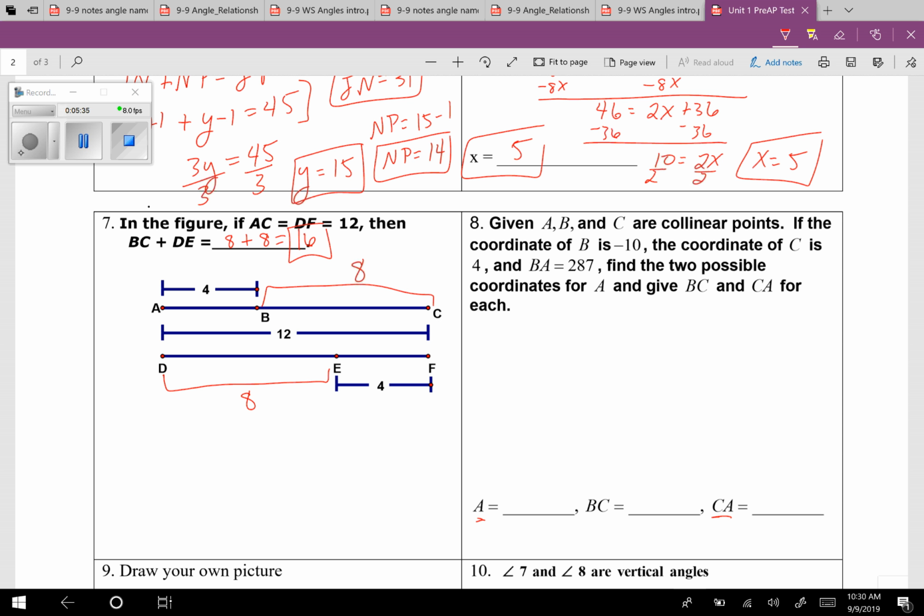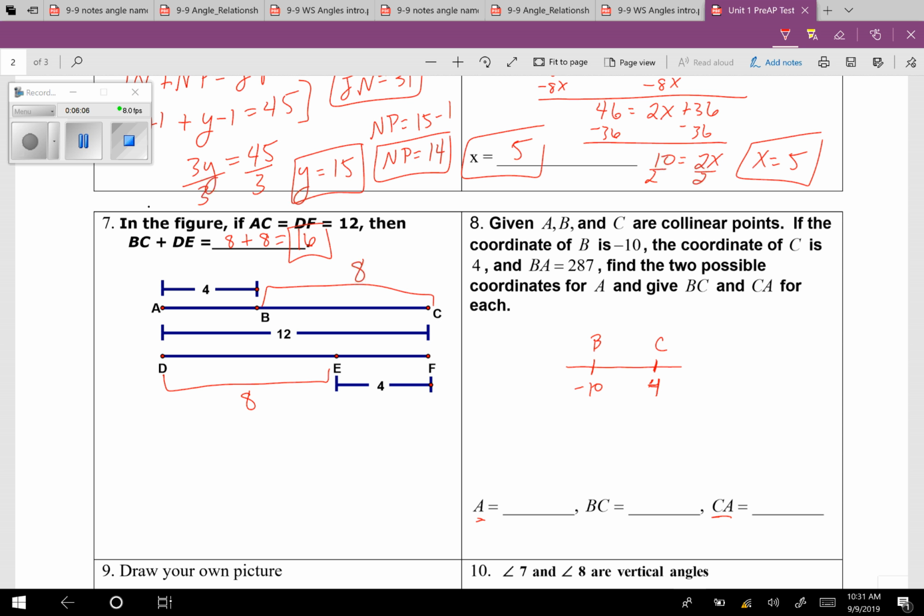If the coordinate of B is -10 and the coordinate of C is 4 and BA is 287, find the two possible coordinates for A and give BC and CA for each. So draw a line. Now I'm not going to draw a huge line here. I'm only going to actually put B and C on here because those are the only ones they give us. So point B is at -10 and point C is at 4.